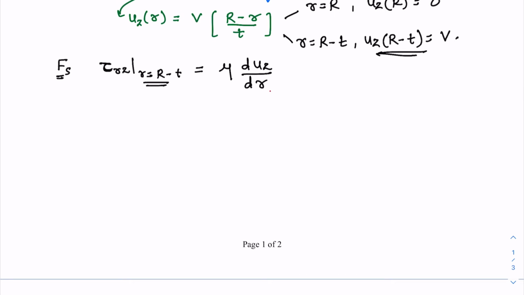So we can find out the gradient of velocity by using the above linear profile.